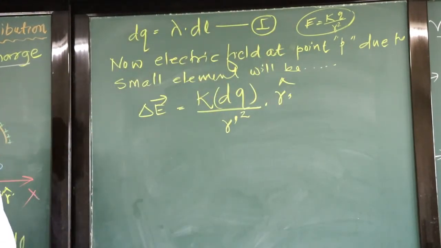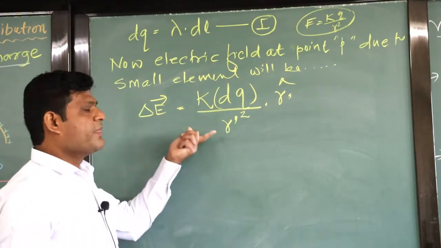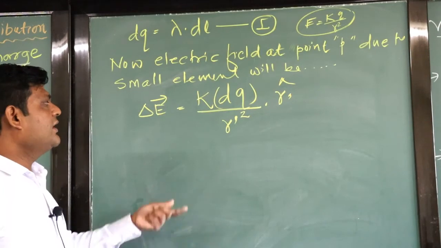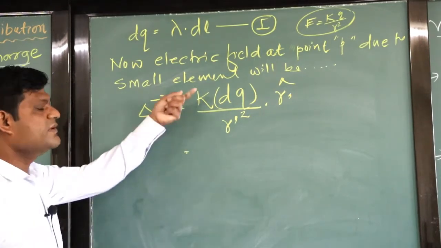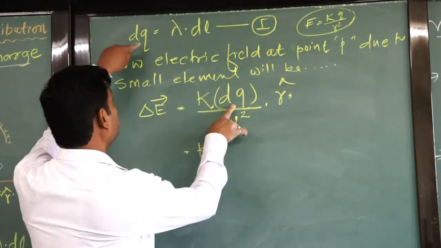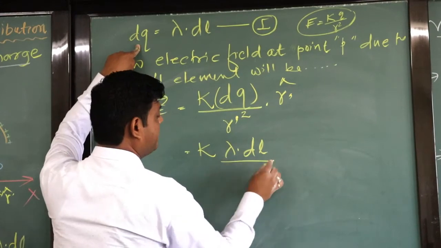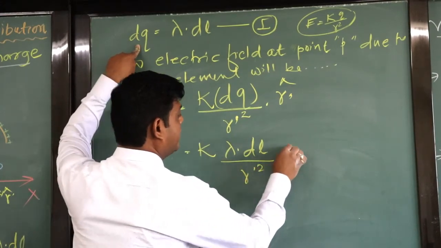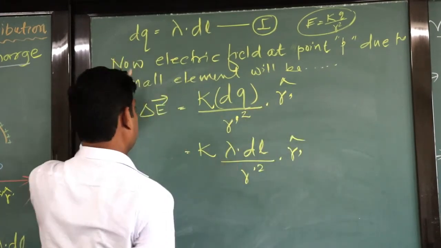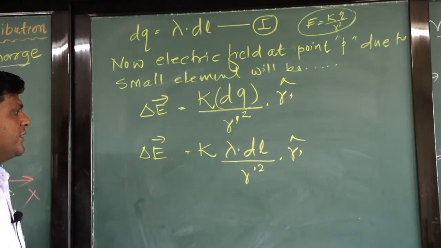Okay, but we have a number of vectors over here. So for finding the total electric field, first of all we will simplify this equation. The K remains as it is. Instead of dq we will write lambda into dl divided by r dash square into r dash cap. So this is dE vector, right?